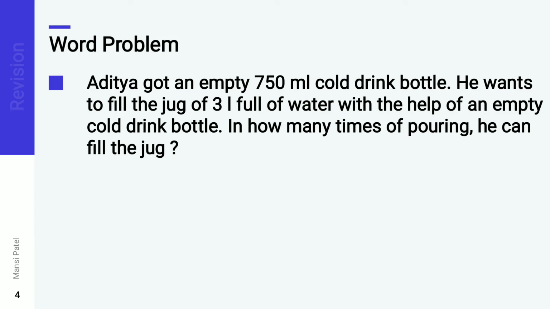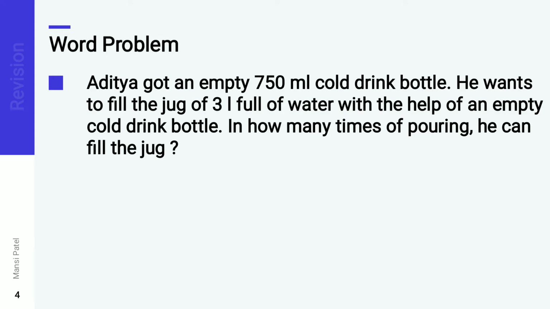When he fills that jug, he uses this cold drink bottle. First he fills this cold drink bottle and then he pours it into the water jug, until 3 liter of water is full with the help of an empty cold drink bottle. In how many times of pouring can he fill the jug?